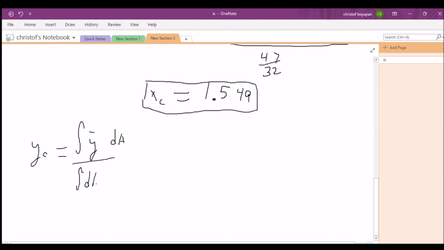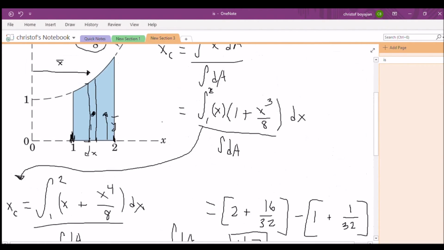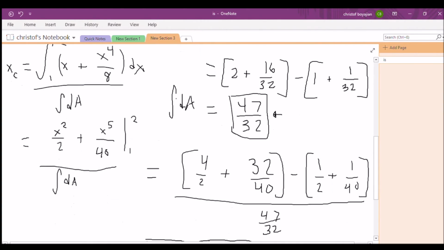All right. Now remember, y bar, we found that to be y over 2. And our dA, we said that to be 1 plus x cubed over 8 times dx. Okay, and our bounds should be from 1 to 2 because we're adding up all of these infinitesimally small dx's right here.